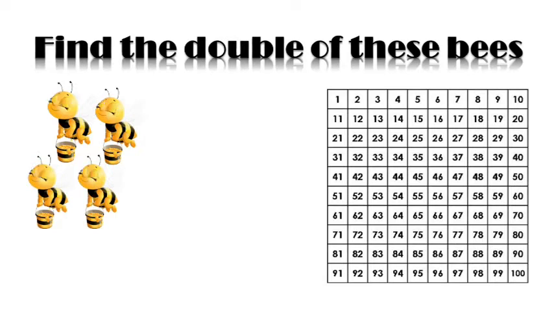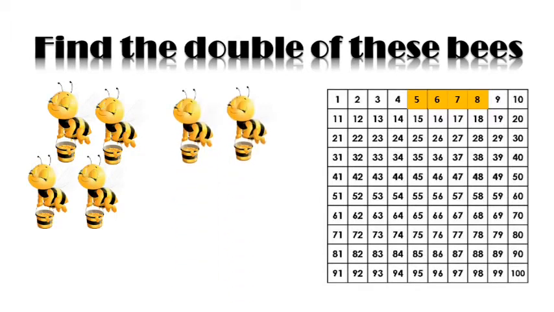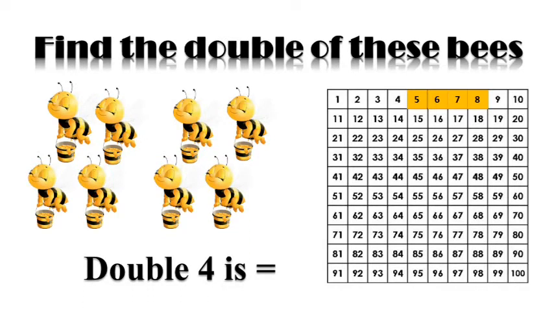We will start counting from 5. 5, 6, 7, 8. Now we have counted 4 times, which ends at 8. So if we add 4 more bees here, we get 8. The double of 4 is 8.